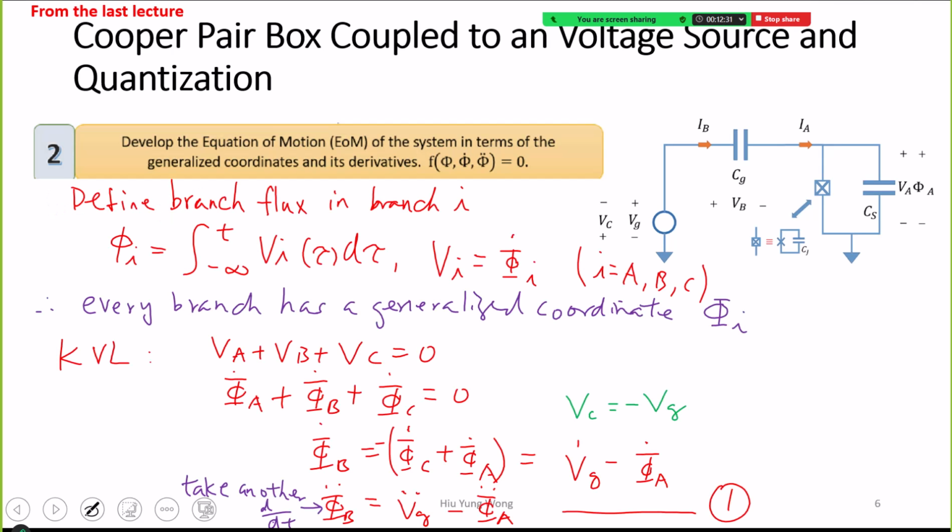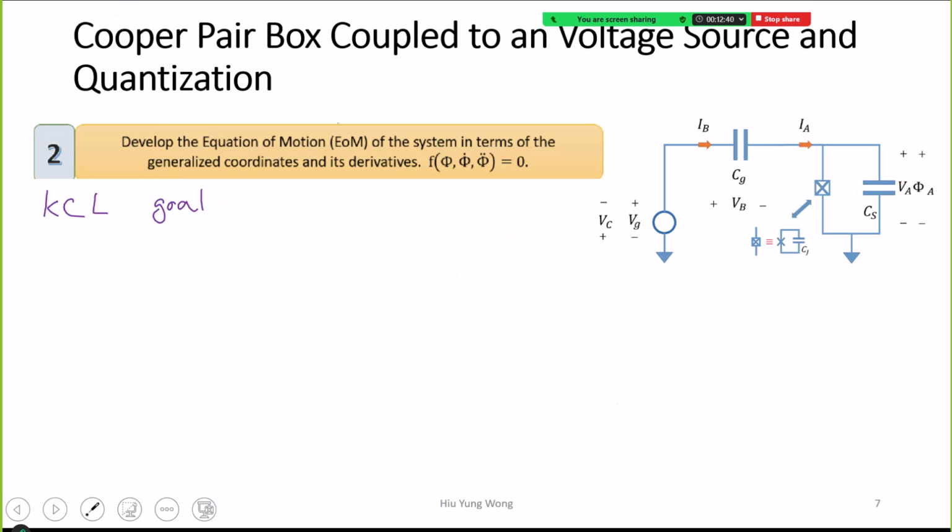Because in this system, I can eliminate phi B. I don't care about phi B, this capacitor. I care about this part. So the goal is to eliminate phi B or phi B dot. So what is the KCL?